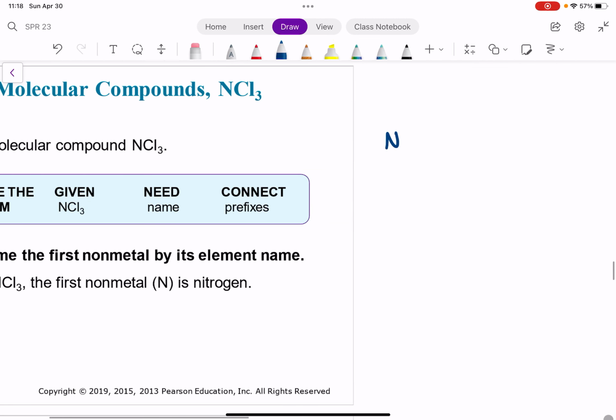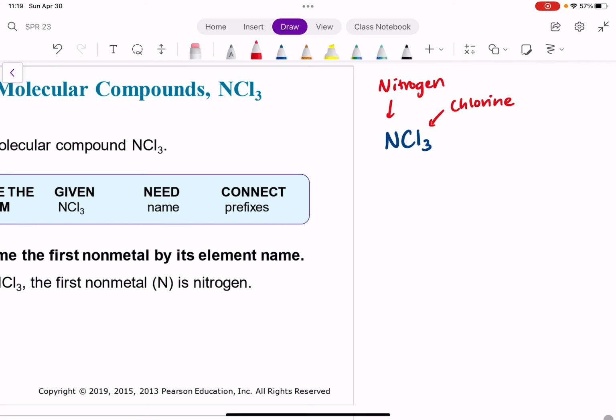NCl3. Well, in this case 4 atoms, but 2 types of atoms. We have nitrogen atoms and chlorine atoms. How would we know that this was a molecular compound rather than an ionic compound if we weren't told?